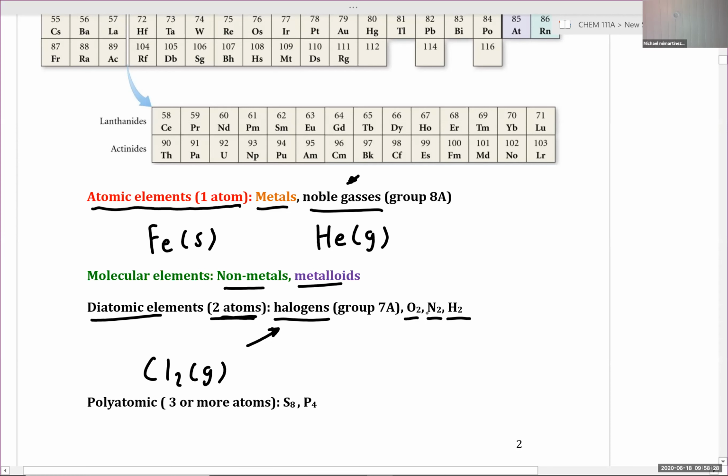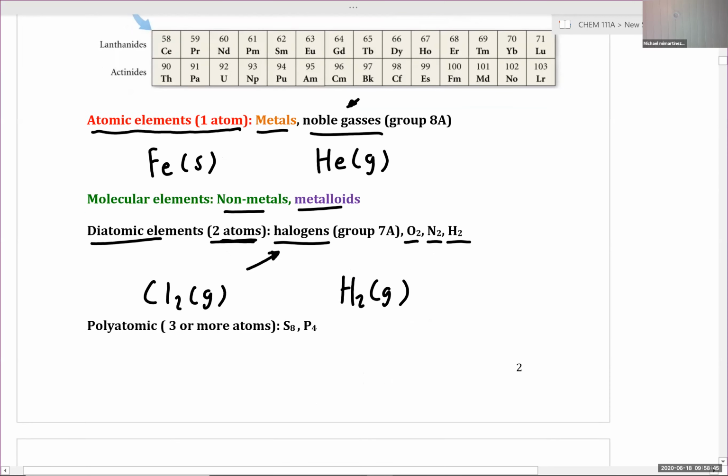So just to give an example, one of these other elements on the list, hydrogen would have a formula of H2 gas. We have two atoms of hydrogen in our chemical formula. It's a diatomic element.